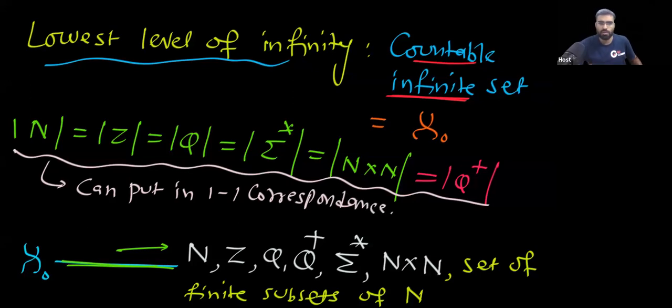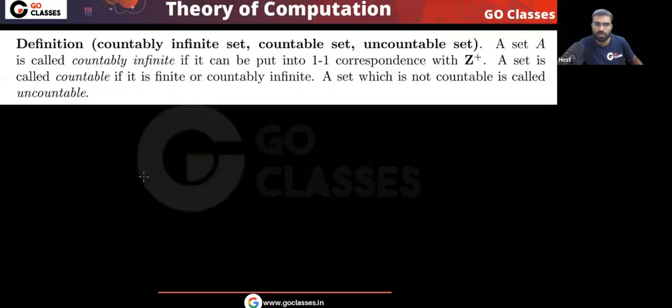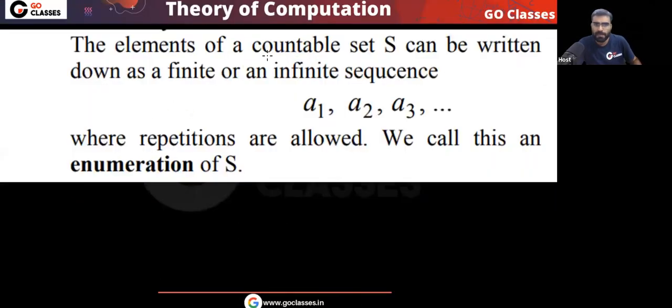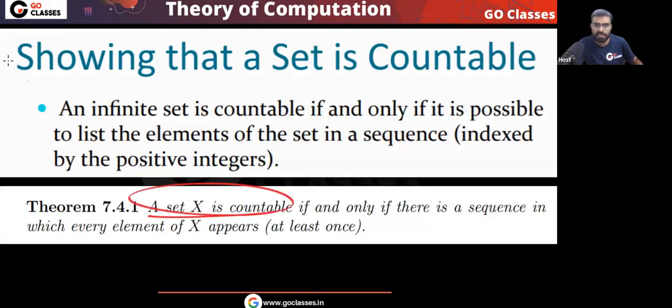Also, we have seen that if you have a countable set, you can put all the elements in a sequence, where repetition is allowed. So a set X is countable if and only if there is a sequence in which every element of X appears at least once.